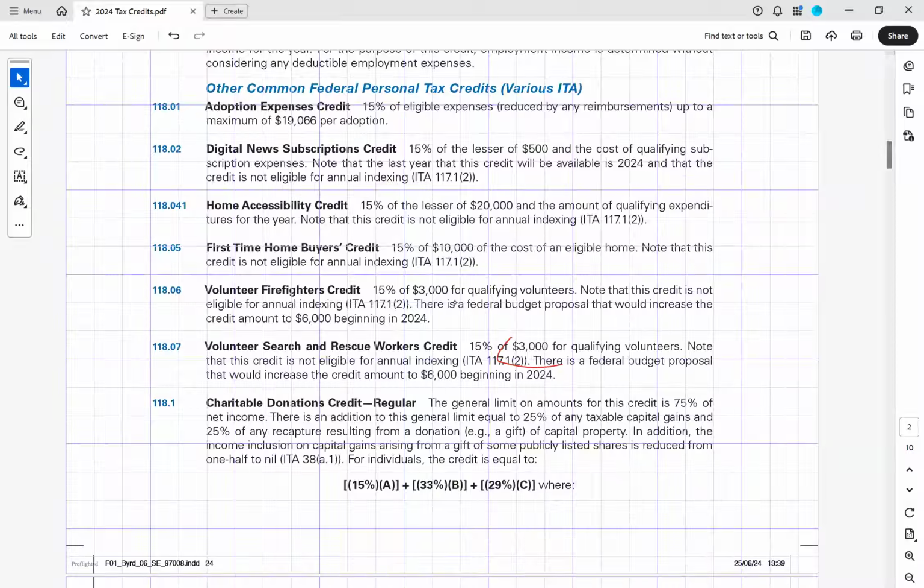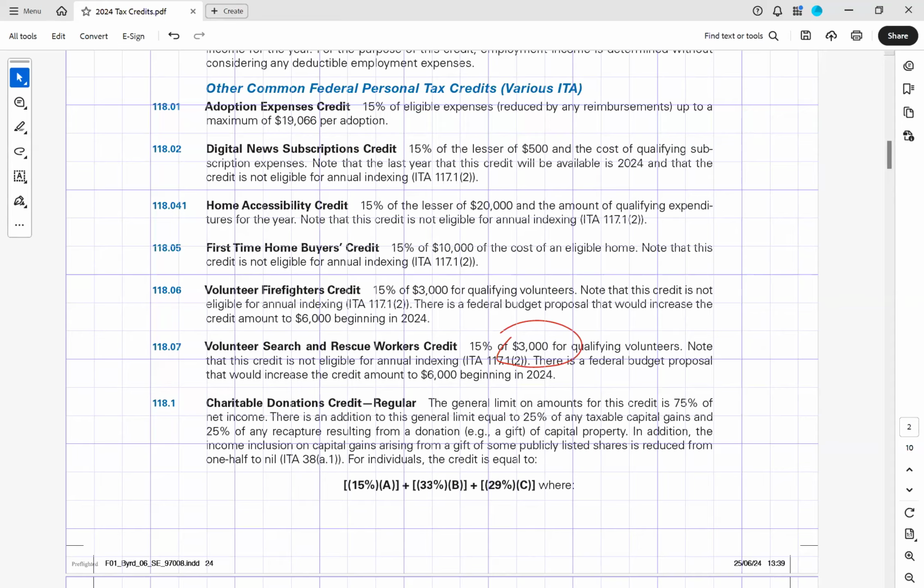But basically it's $3,000. So 15% of $3,000. So she's better off claiming the tax credit, because 3,000 times 15% will reduce her taxes payable by $450.